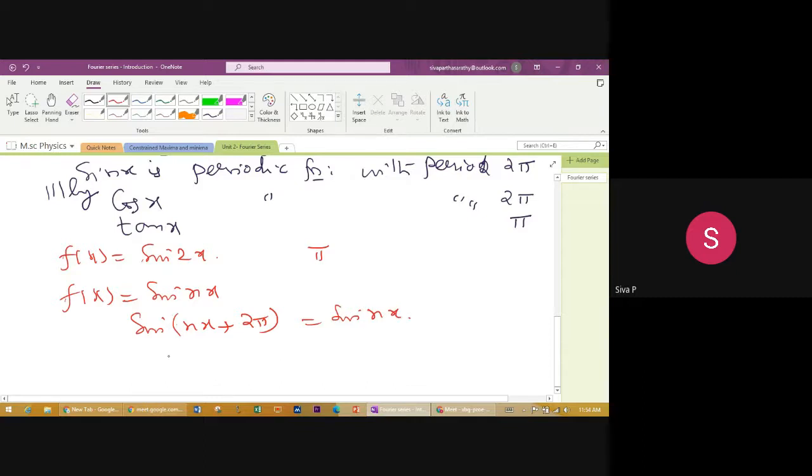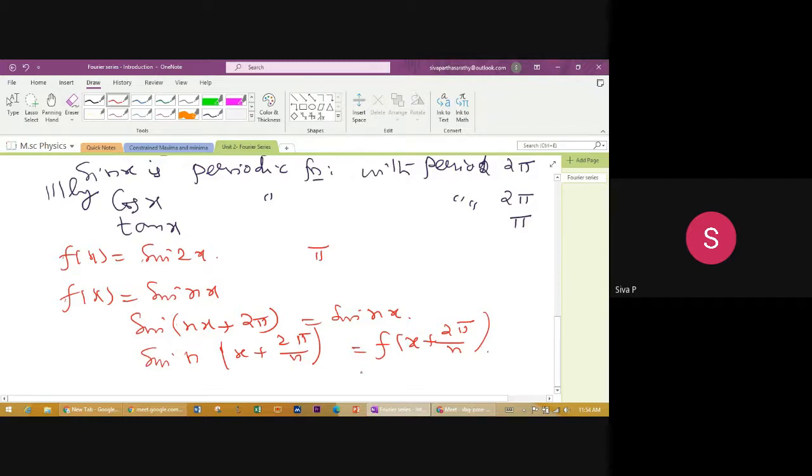So how can we write that? In case you take n outside, sin n times x plus 2 pi by n. That means you can write f of x plus 2 pi by n.